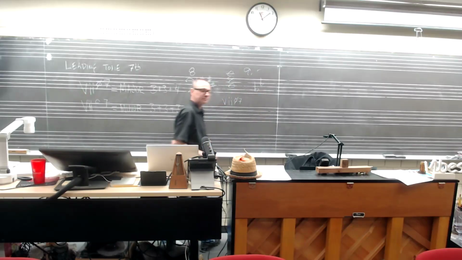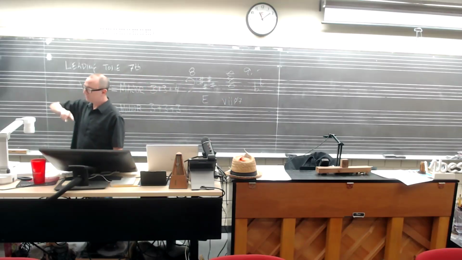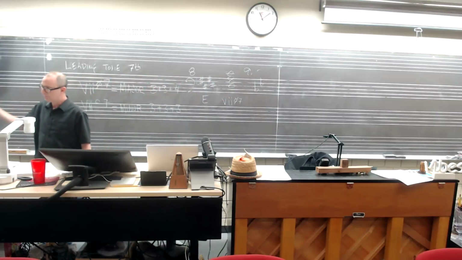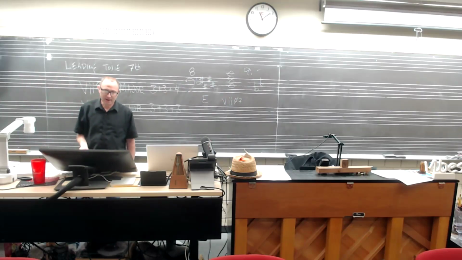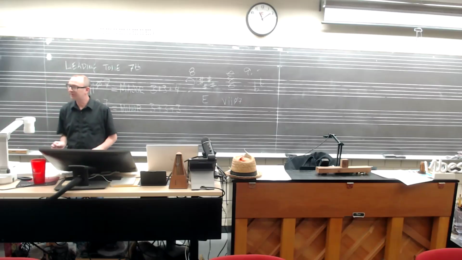Yes, major keys is half, and for minor keys, full. I'm going to tell you that that's true for now. Later on, that's going to go away, and we're going to have more flexibility. All the rules can be broken. All the rules can change.